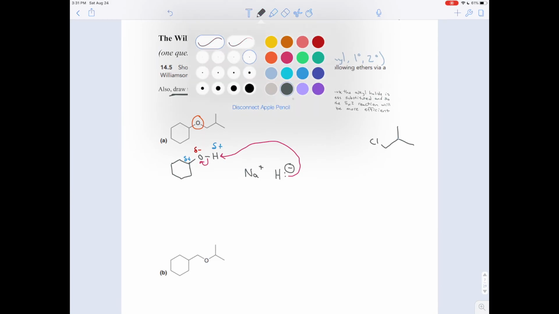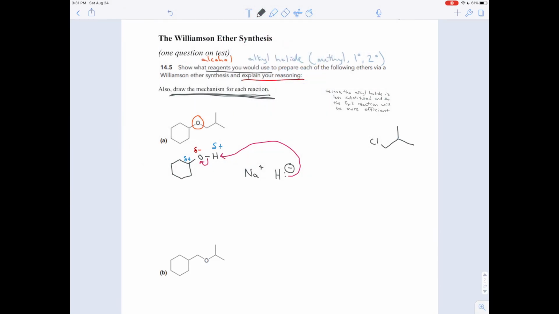And so you're left with this alkoxide, and that'd be cyclohexoxide, and the hydrogen gas, H2 gas, which just bubbles away. So you wouldn't really have to list that, but it is there.